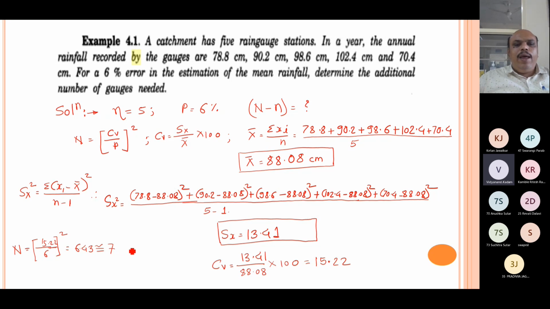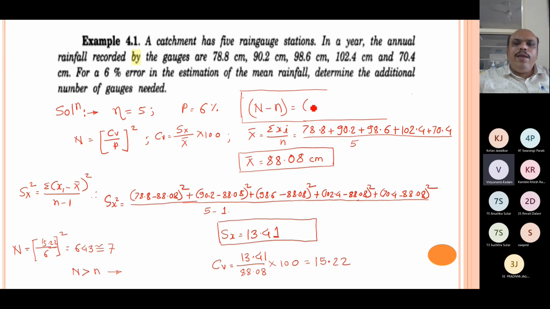Okay, and what is n? Small n is 5. So here capital N is greater than small n. So in this case, additional rain gauges are required, and the additional number of rain gauges required is capital N minus small n.